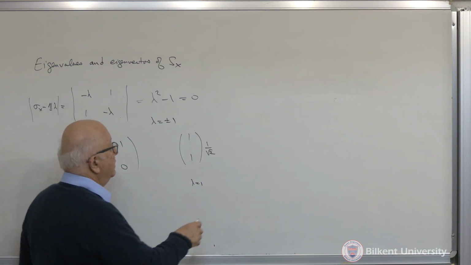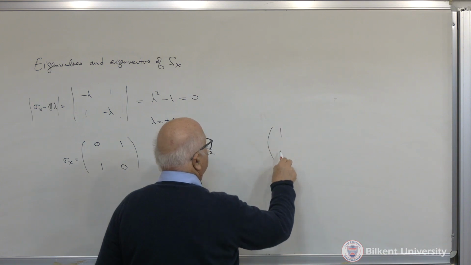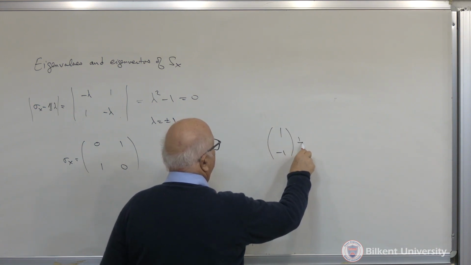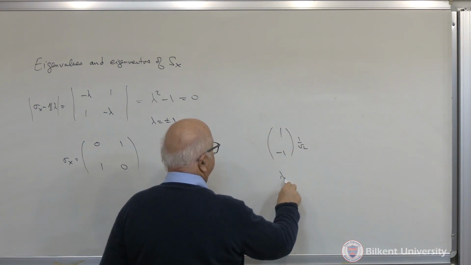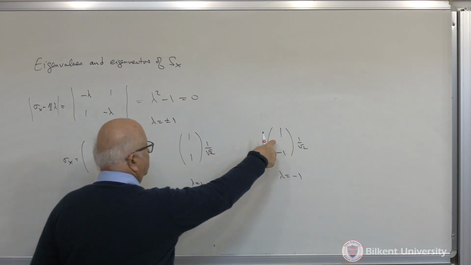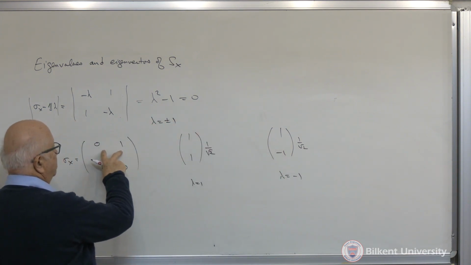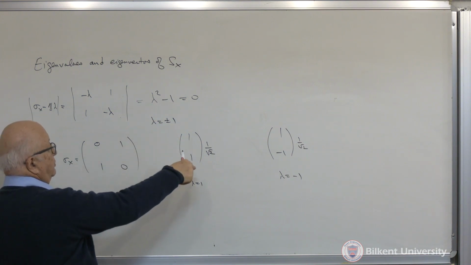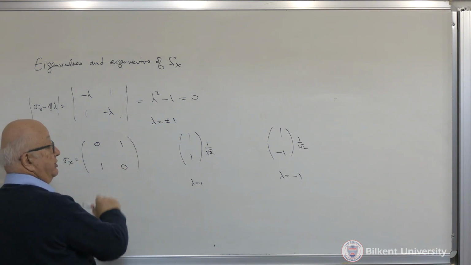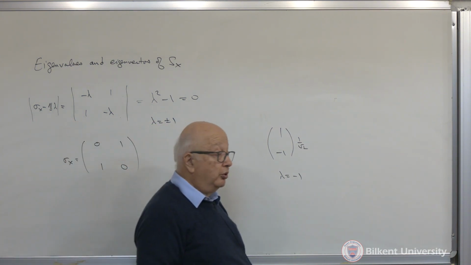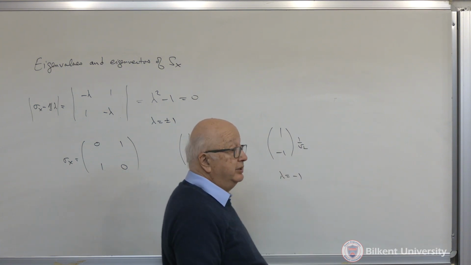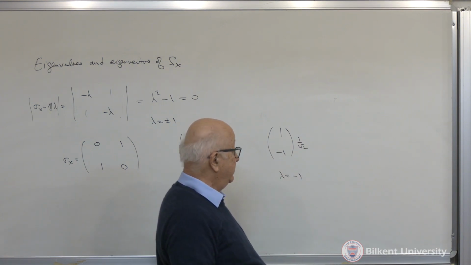Okay, 1, minus 1, again with 1 over square root of 2. This is lambda equals minus 1. If you multiply this vector with that matrix, you get minus 1, 1, because this interchanges the two rows, and that's my eigenstate.